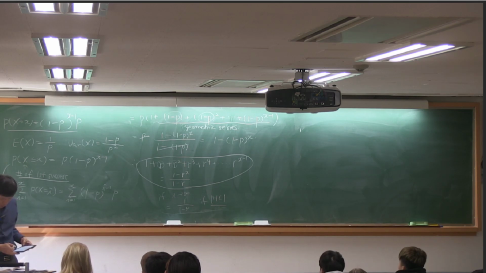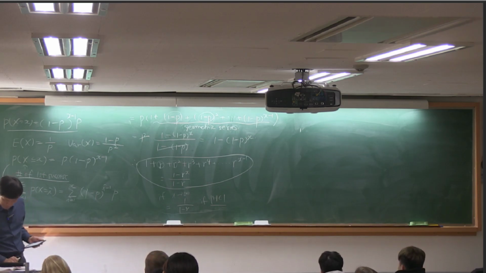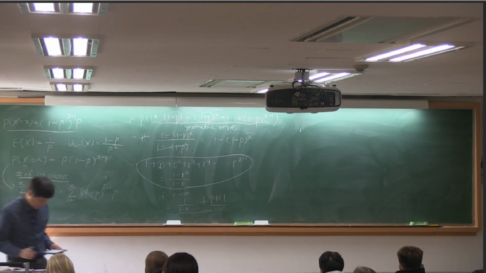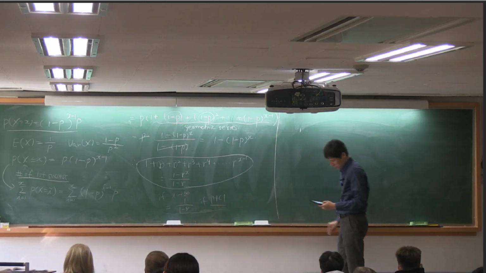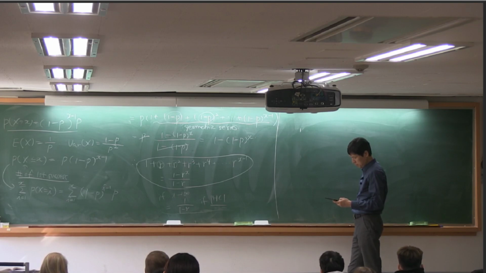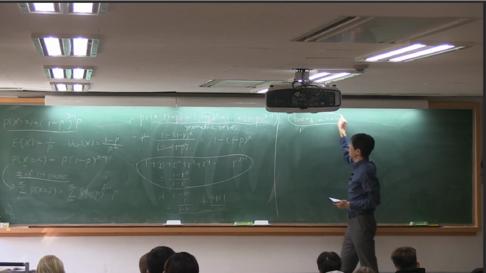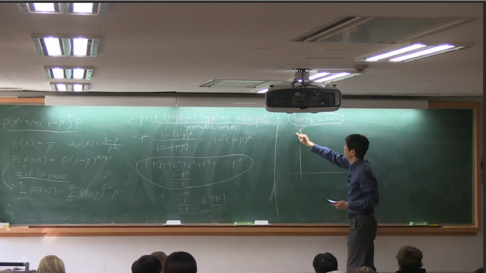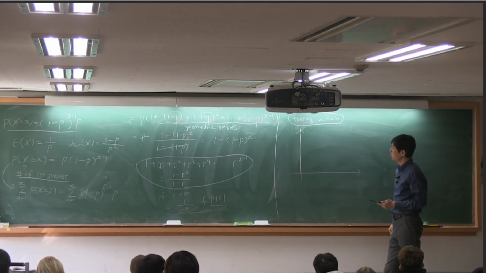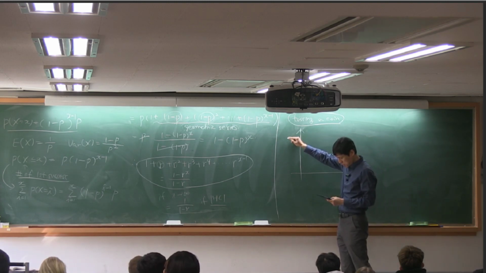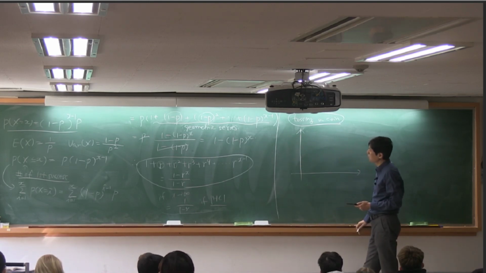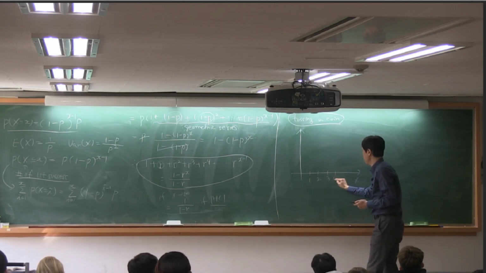Next, let's see the negative binomial distribution. There is a graph. Let's think about coin tossing. Here is X: 1, 2, 3, 4, 5.